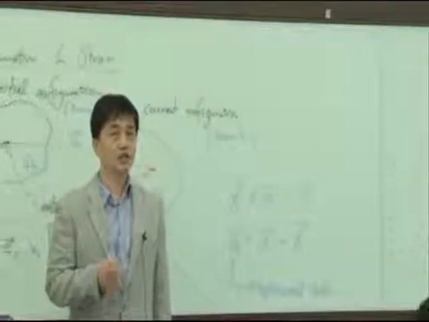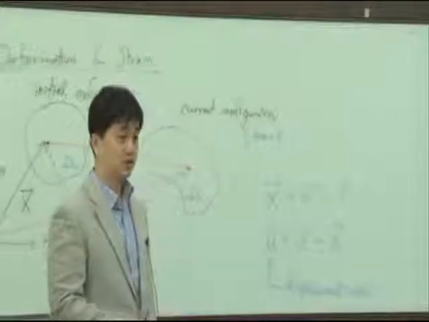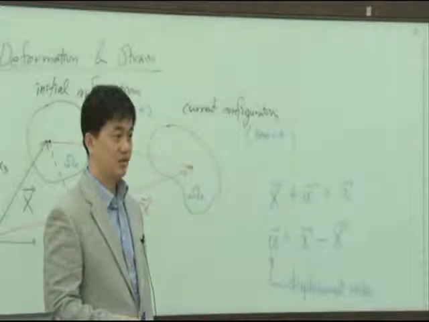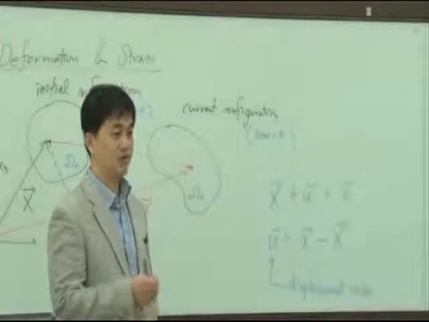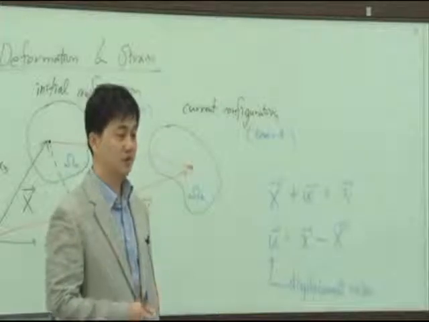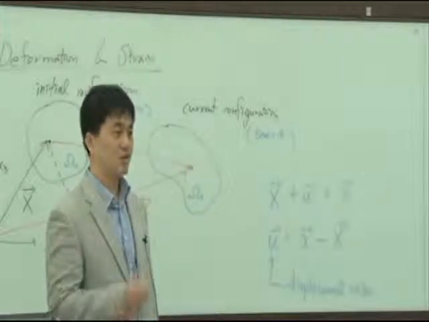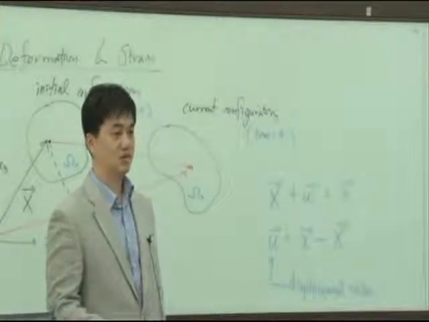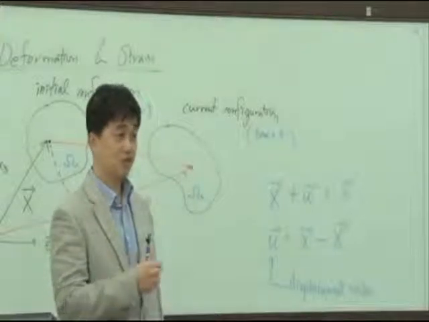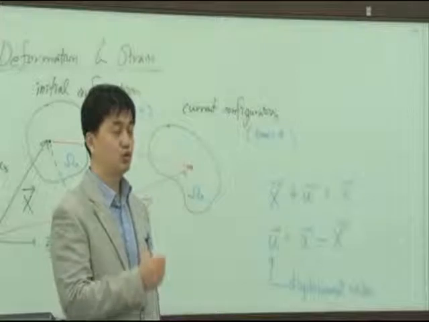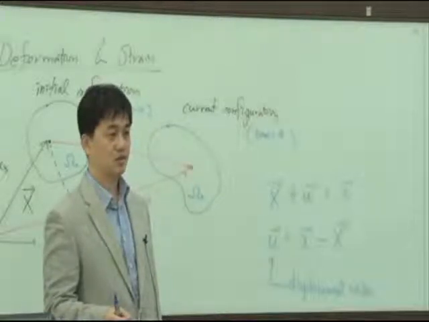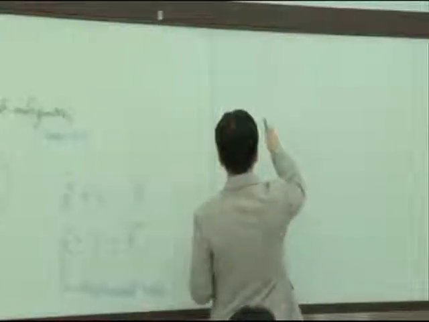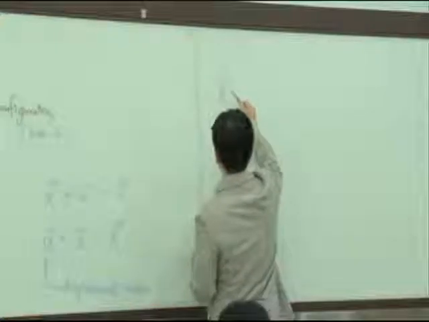So now we can define the displacement. What's the displacement? Displacement is the difference between two positions, the initial position and the current position. Displacement is just the difference between two material positions. Okay? Of course, X is also a vector.